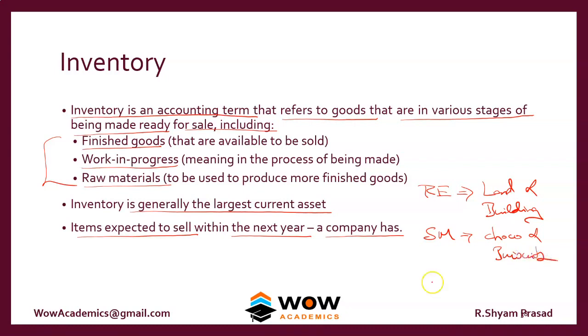Or if you take a mobile phone manufacturing company, the mobile phones are the inventory. So it's not about the value of the asset, but whether the company is trying to sell the asset within a year. Selling the assets within the next year forms the basis of inventory.